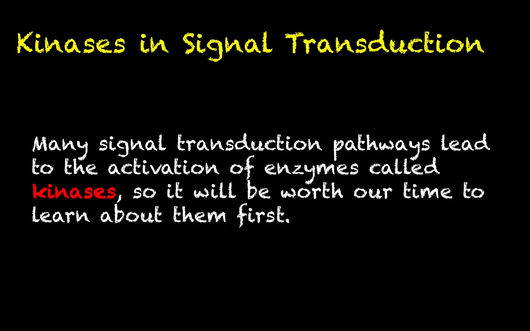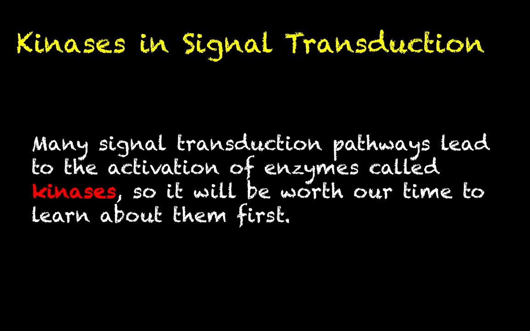Now, before we go any further into the particulars of signal transduction cascades, like those you see with G protein coupled receptors or tyrosine kinase receptors, I wanted to dedicate this video to just the basic concept of protein phosphorylation, dephosphorylation, and how that affects protein function.